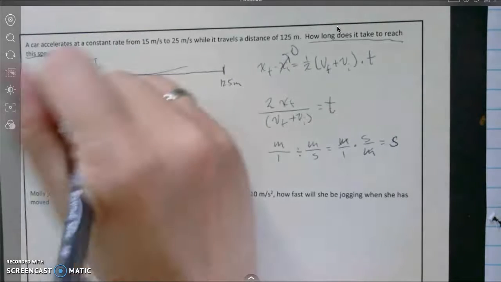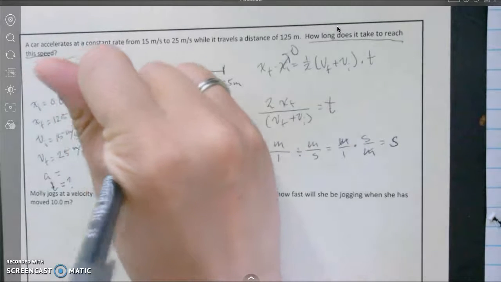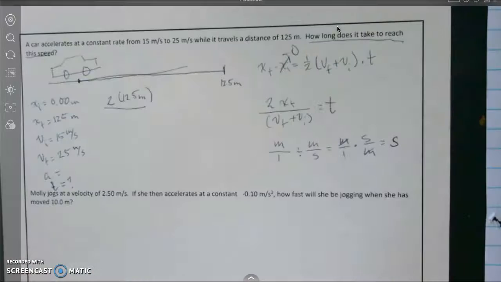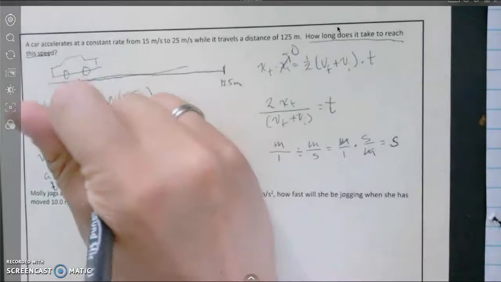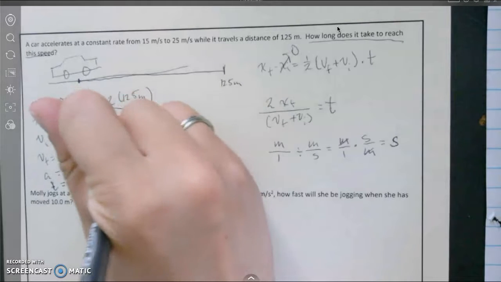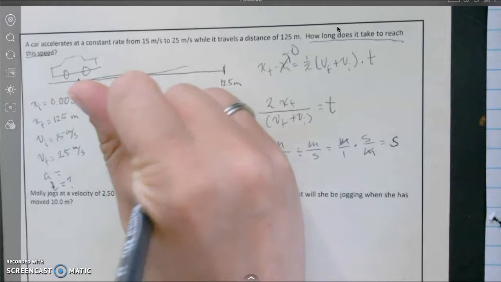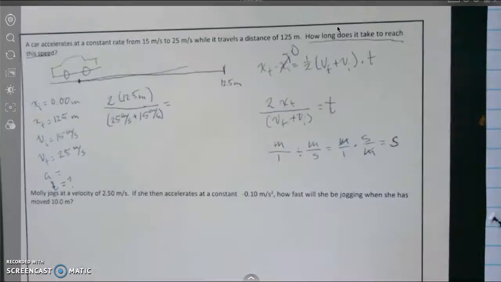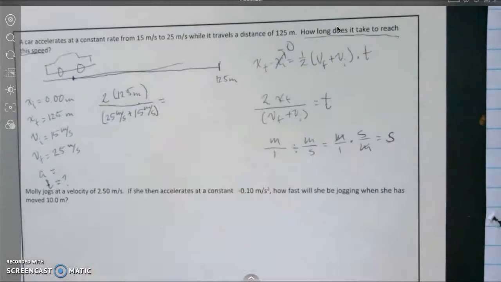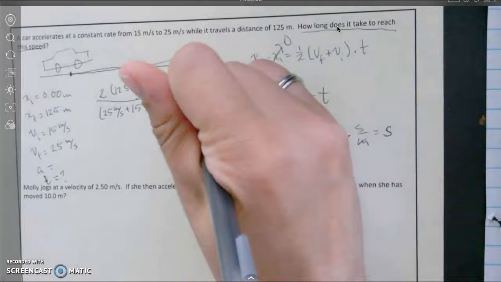So now let's start plugging in numbers. So we have 2 times x final divided by velocity final plus velocity initial. Okay, so that 2 is an exact number. So when I do 2 times the 125, I get 250, and I want it to be 3 sig figs, so I have 3 sig figs there.